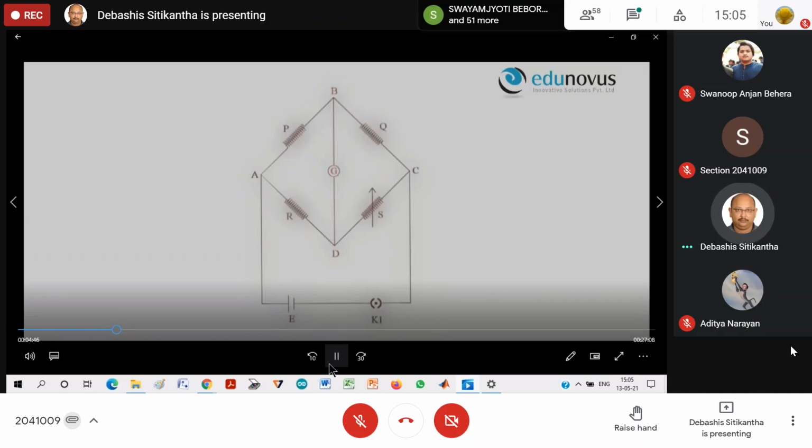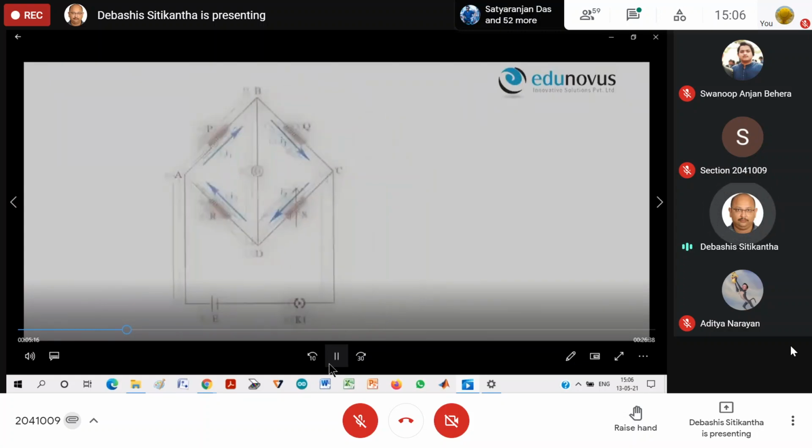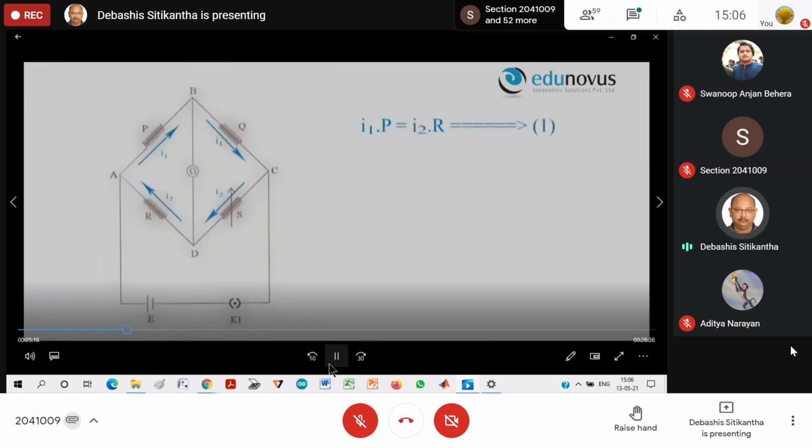At this condition, the current flowing through the resistances P and Q is I1, and the current flowing through the unknown resistance R and through resistance S is I2. As we said earlier, the points B and D are at the same potential. That is, the voltage drop from point A to point B is equal to the voltage drop from point A to point D. I1 into P is equal to I2 into R.